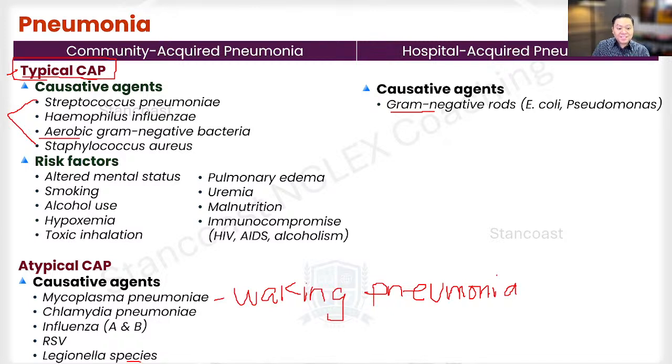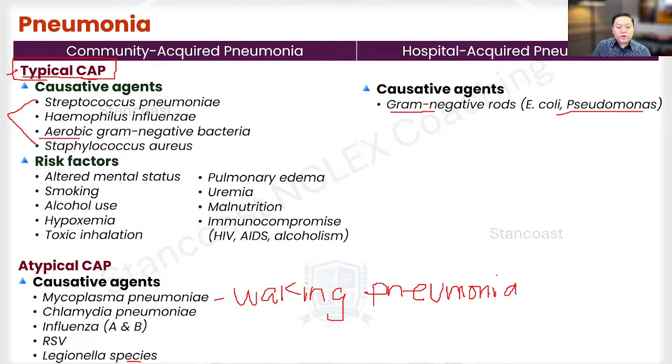These bacteria are very common in healthcare settings, and that's why it is called hospital-acquired pneumonia. Most of these microorganisms are actually resistant to many antibiotics, especially Pseudomonas. Yes, and they are very hard to treat if the patient has that resistant type.